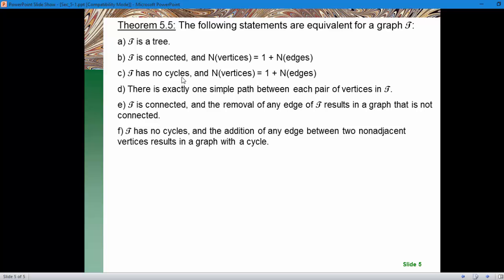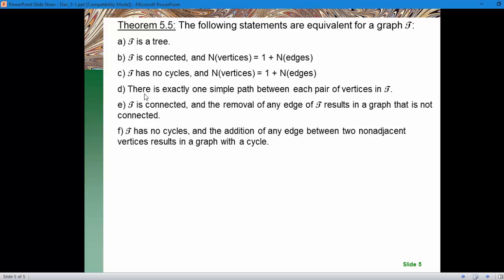If you have a graph that has no cycles, and you observe that the number of vertices is 1 plus the number of edges, then you're guaranteed that that's a tree. So all these statements are equivalent, meaning that all of these can also be used to define a tree.